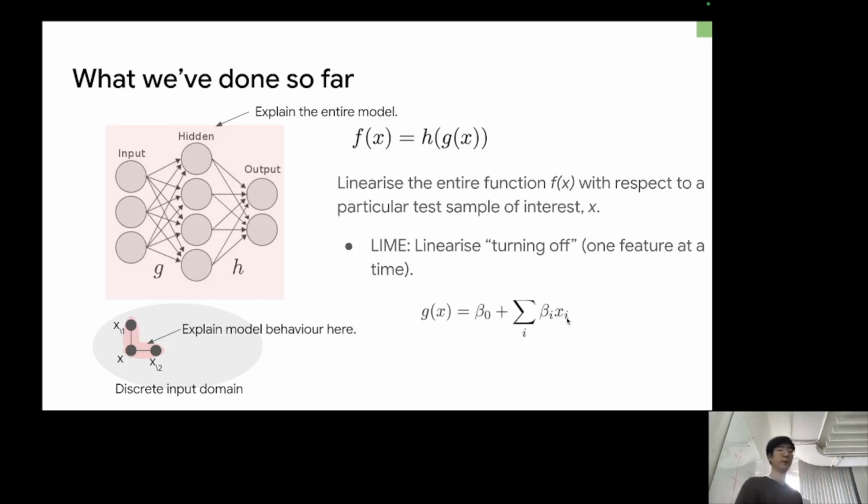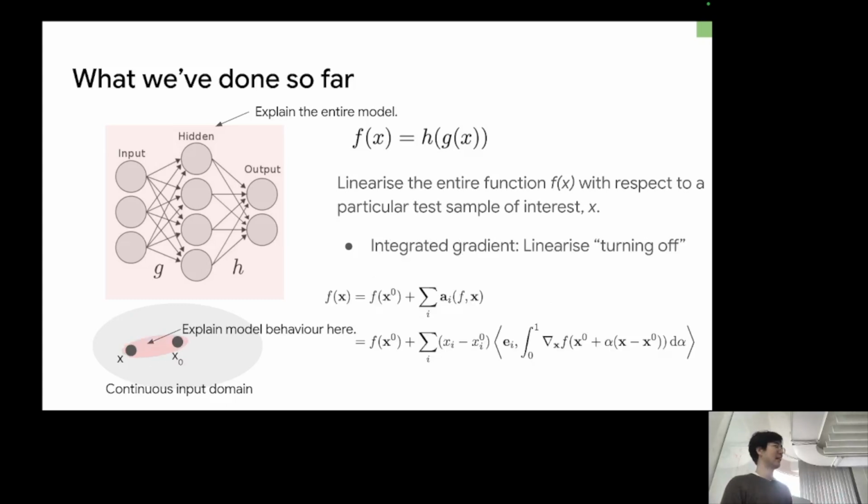So eventually this is also doing a linear summation with factors beta I, where each beta I indicates the contribution of each feature I. So it looks similar to what we had before in integrated gradient.